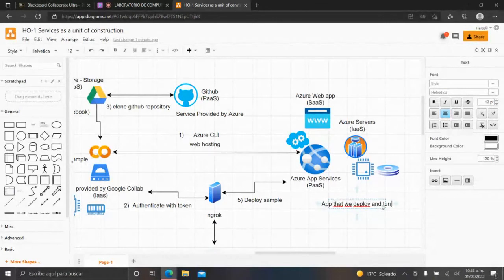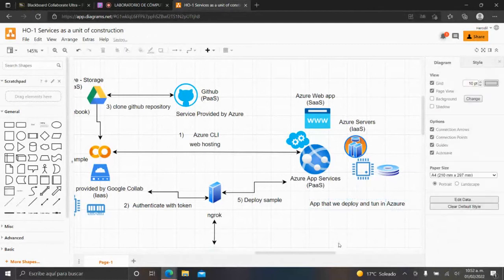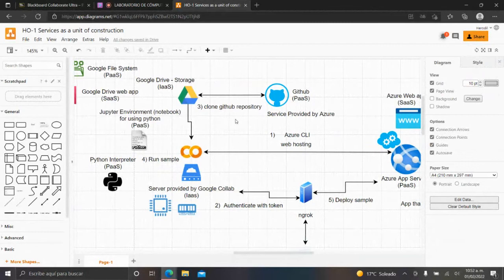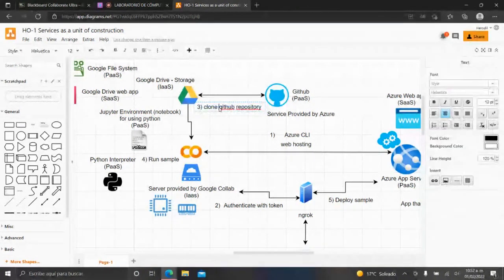So we are going to start with the one that prepares the environment. If you go to the upper part, the first thing that we did is we retrieved, and you have to say what you retrieved: you cloned the hands-on exercise from GitHub to Google Cloud.